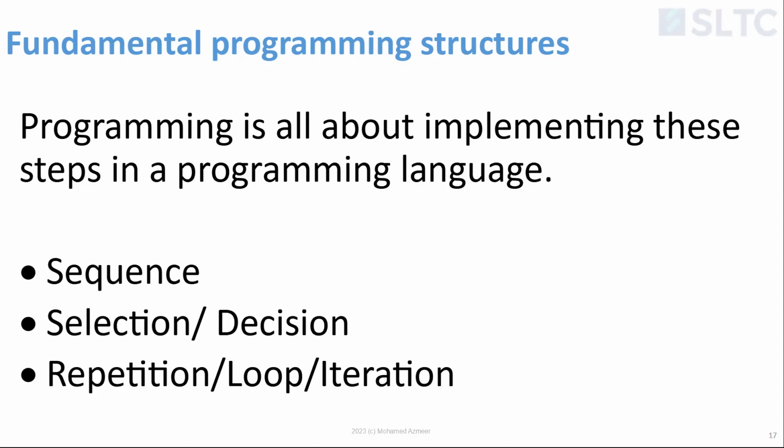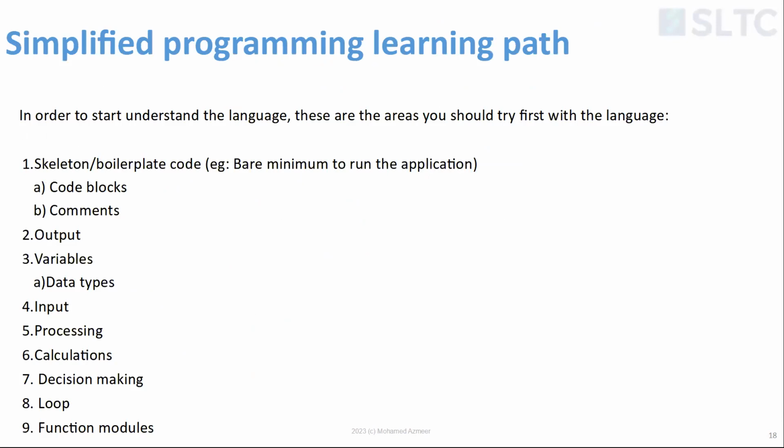Now, let's look at these things in detail. Okay, we will go into the detail there. But before we go into the detail, let me also give you something called a learning path. What is a learning path? The learning path is basically a path, a road that tells you what to do first, what to do second, what to do third, and then you go on with that, and at the end, you get what you want.